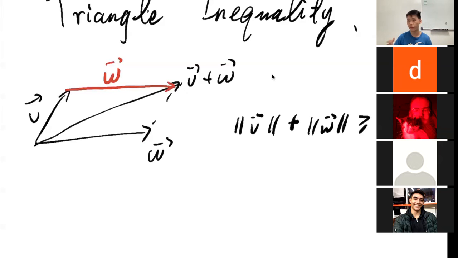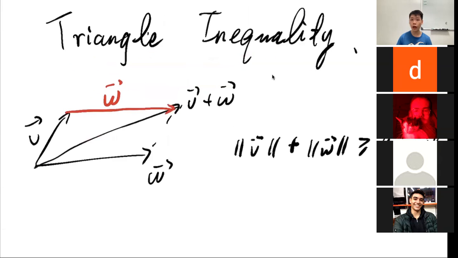When you have a triangle, the sum of the lengths of any two edges is always greater than or equal to the third length. That's why we call it the triangle inequality. We can apply this triangle inequality from geometry to the lengths of vectors.